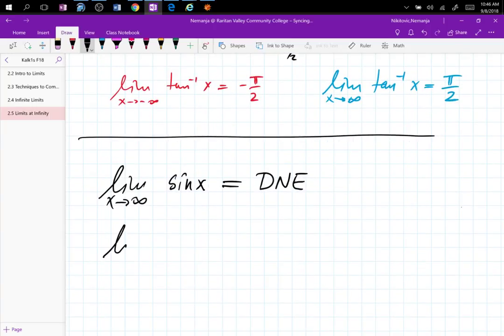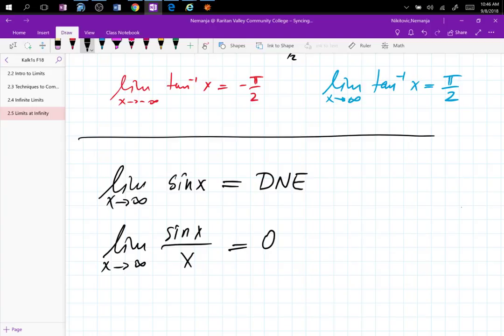However, if you have the limit of sine x over x as x goes to infinity, the answer is 0. Because in this case sine is bounded by 1, and then when I divide 1 by infinity, I get 0, woohoo, right? And you move on with your life. So this is the situation that you have to be careful about.